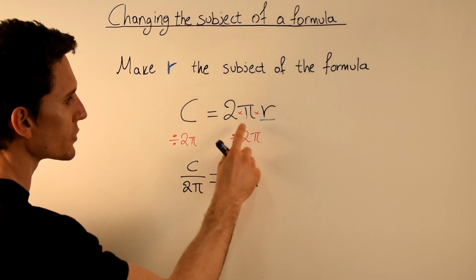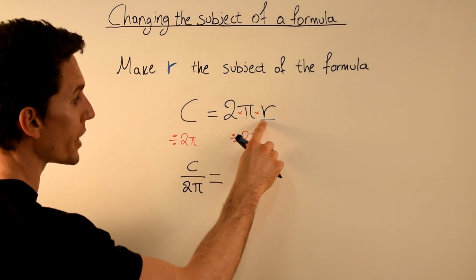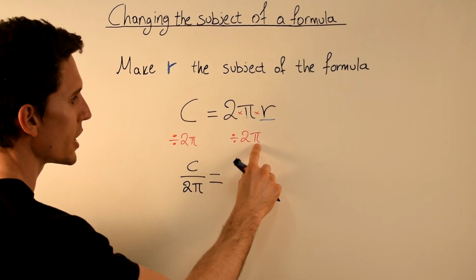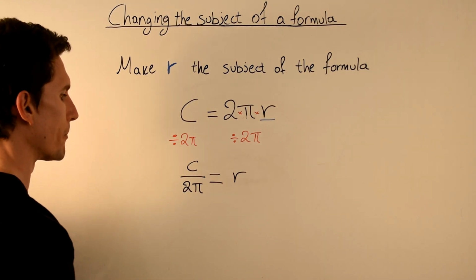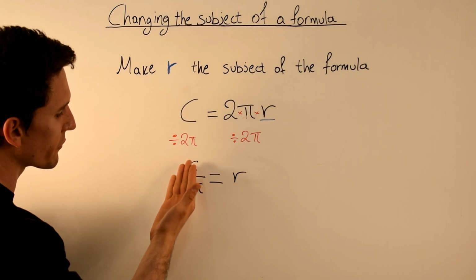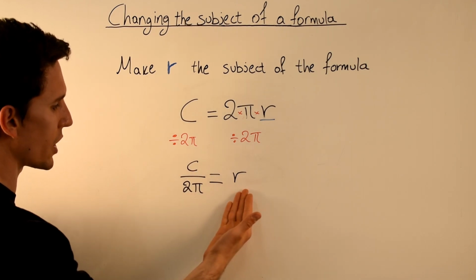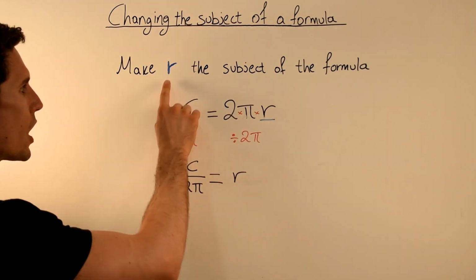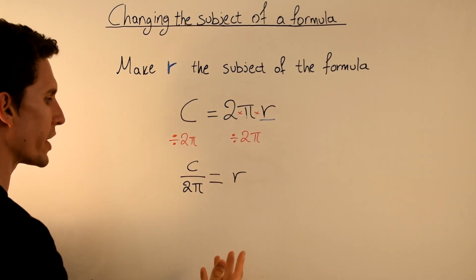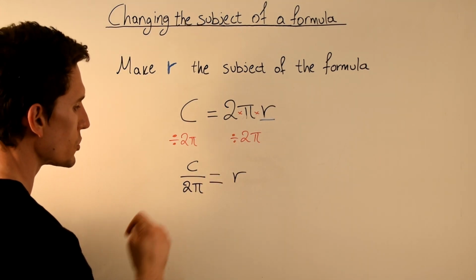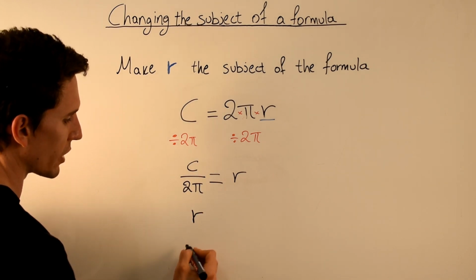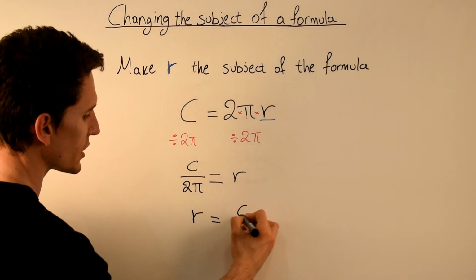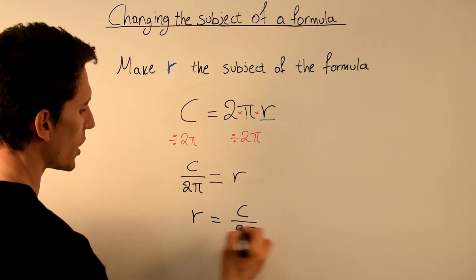The only thing we have to notice is that this R will remain on the right hand side of the formula. So notice we have C over 2 pi equals R. Since they asked us to make R the subject of the formula, all we have to do now is swap the two sides of the formula around to make sure we start with R. So we'll have R equals C over 2 pi.